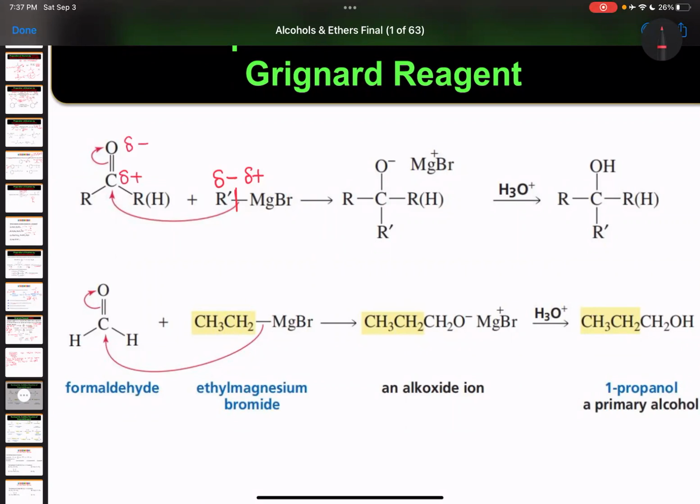It has a partial positive charge because it is connected to oxygen. In Grignard, the carbon has a minus charge, and in the aldehyde or ketone, the carbon has a positive charge. So what is going to happen? This R minus is going to come and get attracted toward the positive charge. It is going to join itself to the C plus of C=O.